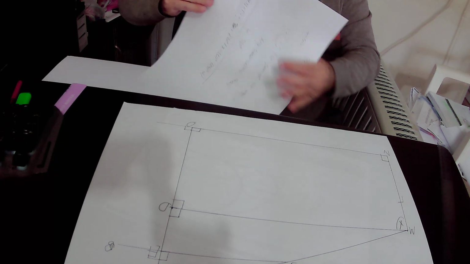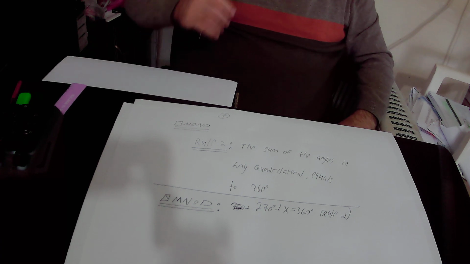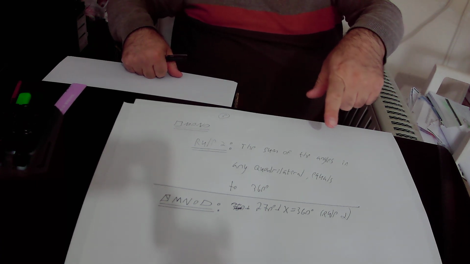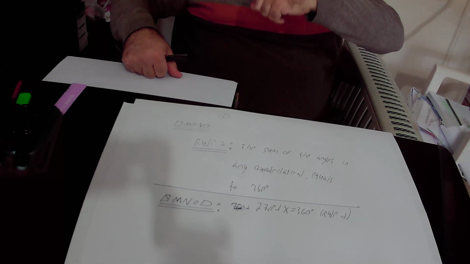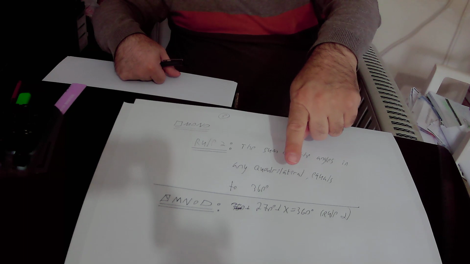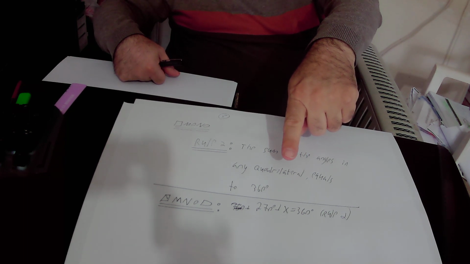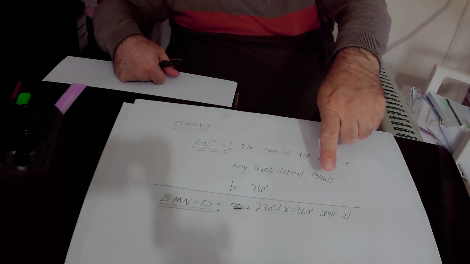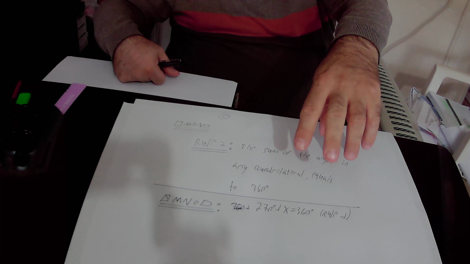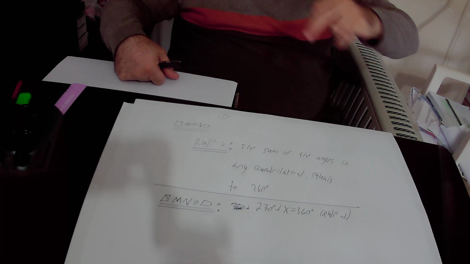I will repeat again. If you focus on quadrilateral MNOD, the sum of its angles must be equal to 360 degrees according to rule number 2. So quadrilateral MNOD has three right angles that equal 270 degrees in total, plus the fourth angle. Those four angles in total must be equal to 360 degrees.